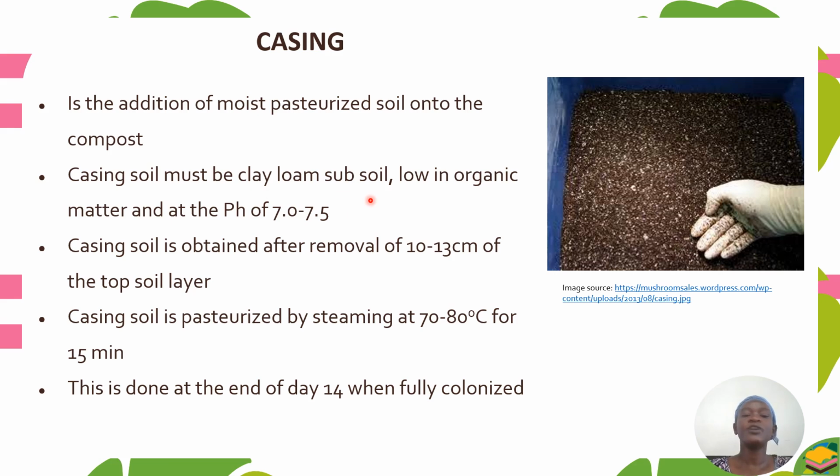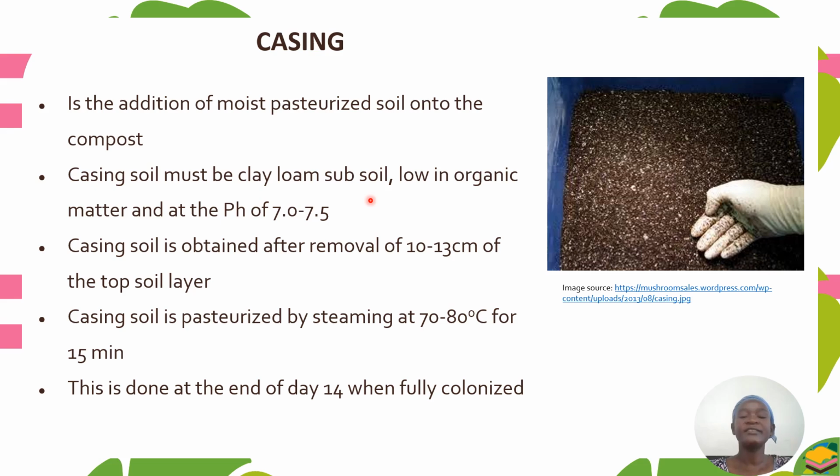Why should the clay loam soil used for casing come from subsoil? Remember, in Form 2, we learned about the layers of the soil profile. So we have topsoil, we have subsoil.